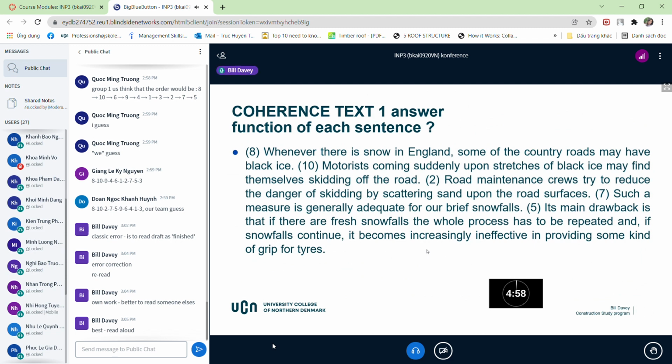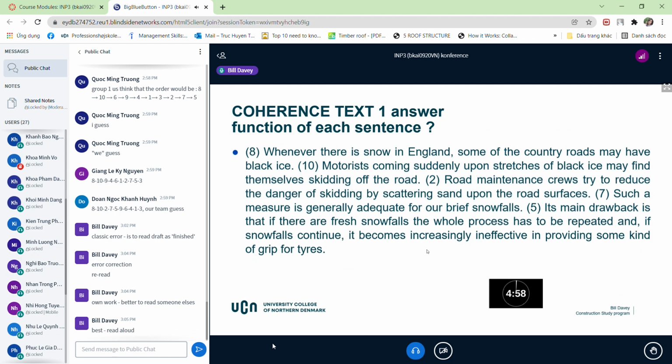Such a measure is generally adequate for our brief snowfalls. Its main drawback is that if there are fresh snowfalls, the whole process has to be repeated, and if snowfalls continue, it becomes increasingly ineffective in providing some kind of grip for tires.